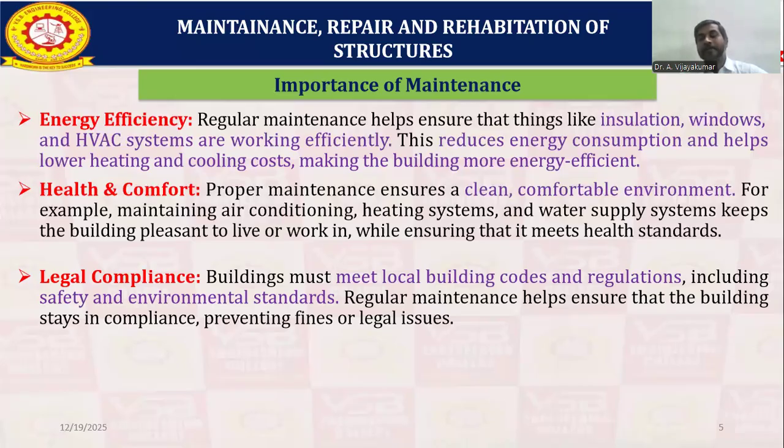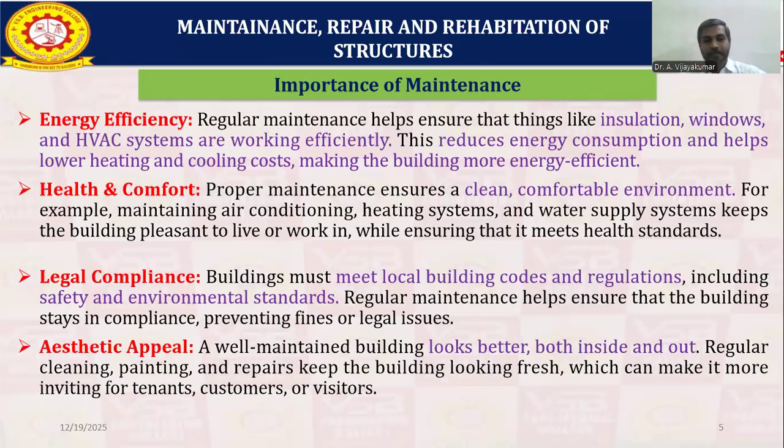People have constructed so congestedly. So we need to adhere to legal compliance, building codes, and regulations, including safety and environmental standards. Regular maintenance helps ensure that the building stays in compliance and prevents fines or legal issues.